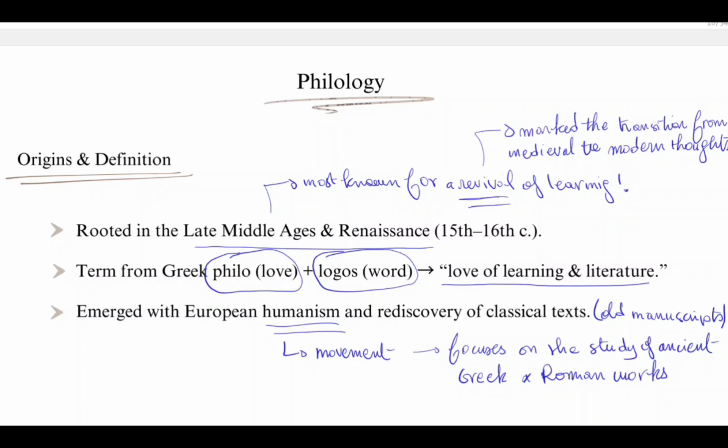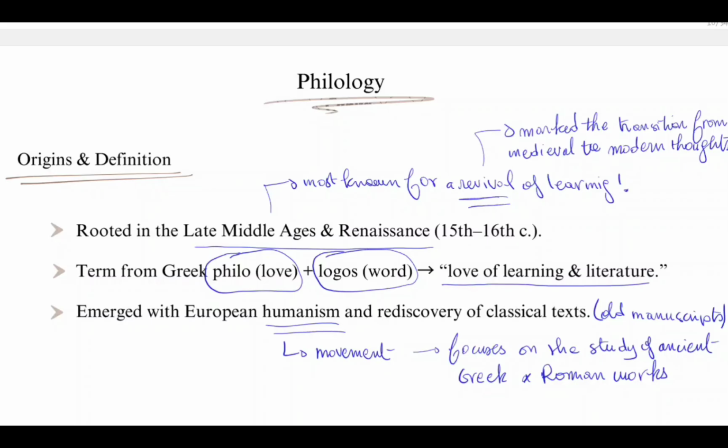Philology is actually rooted in the late Middle Ages and Renaissance. And when we talk of these, we're talking of what? Of a period that was most known for a revival of learning, marked by the transition from medieval to modern thought. The term actually comes from Greek philo, which means love, and logos, word, together the love of learning and literature.